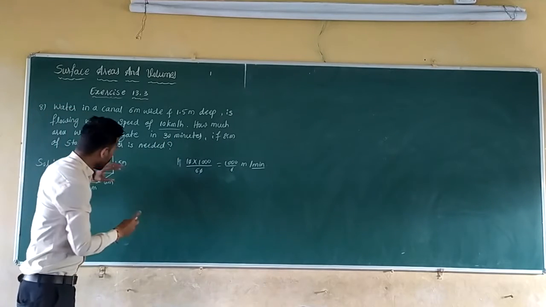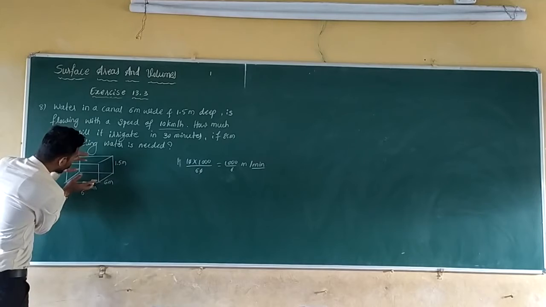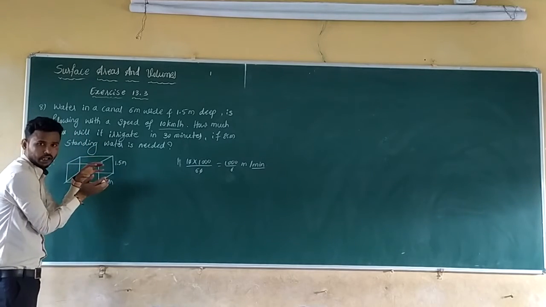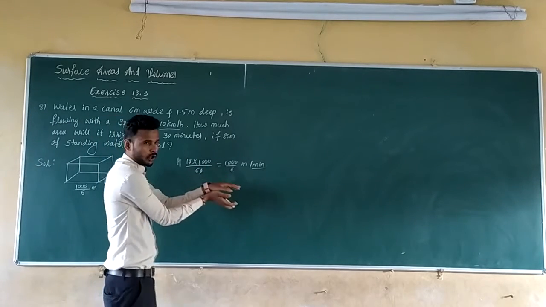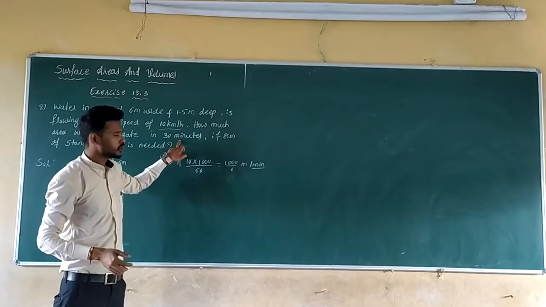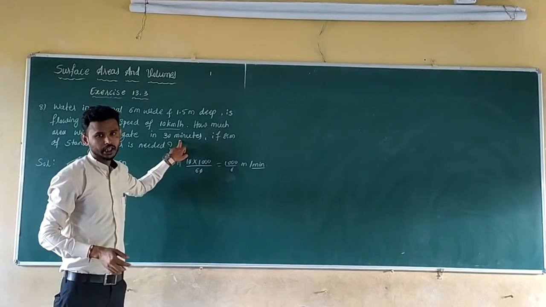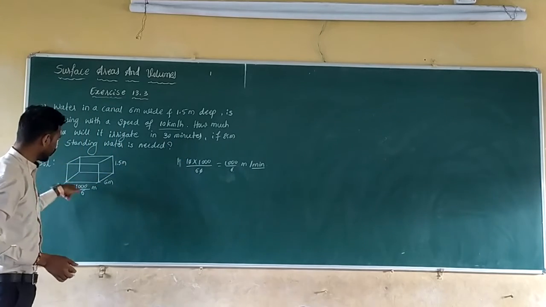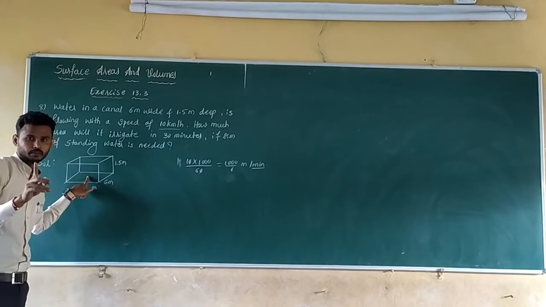Means how much water will flow from this canal, that much will be used for the irrigation. So we need to find how much water will flow in 30 minutes. If you find the volume, you will get the water that flows in 1 minute.